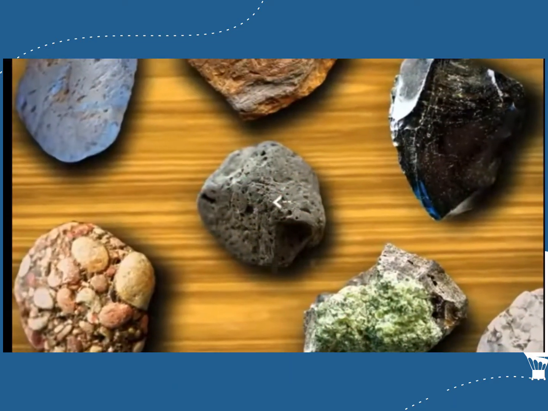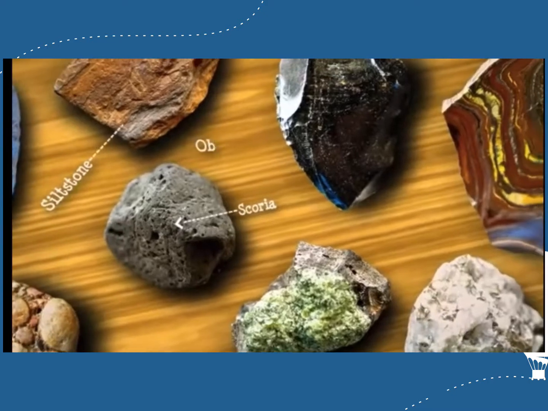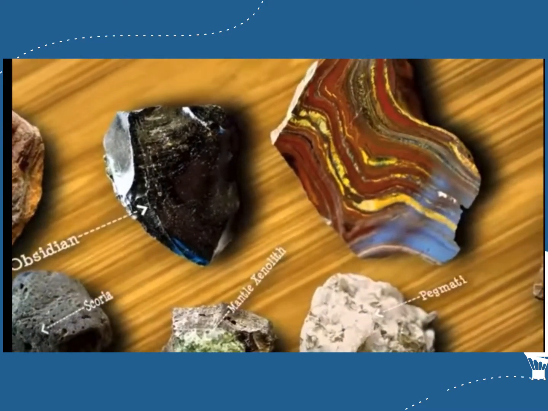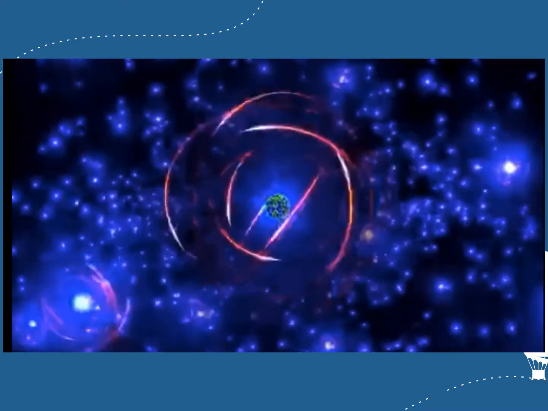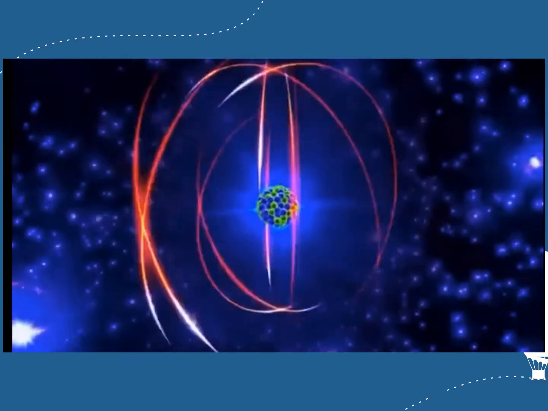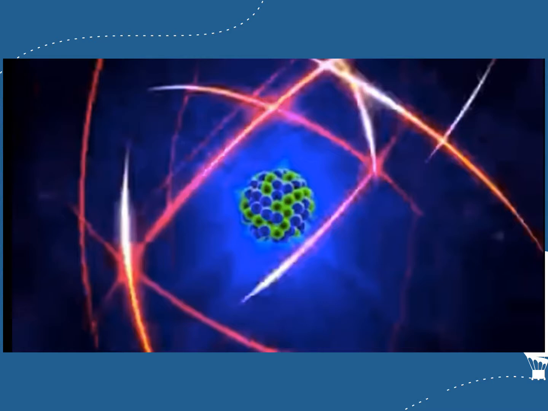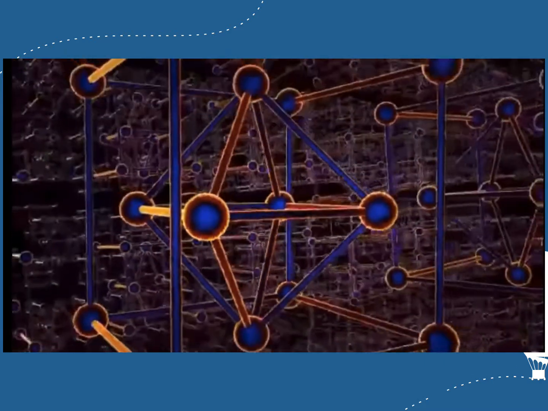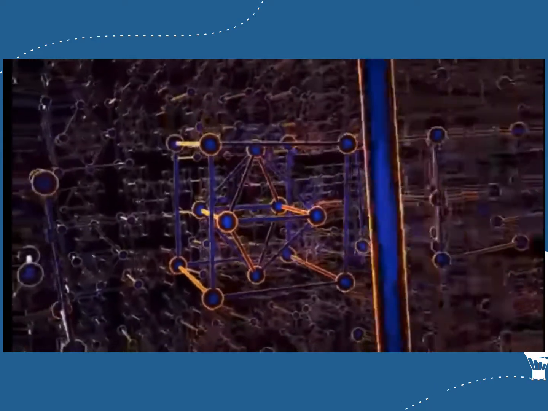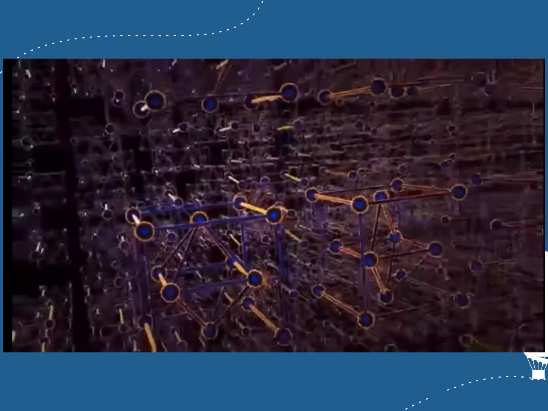Rocks, and the minerals they're made of, tell us the story of our planet. Look closely. Atoms are the building blocks of all matter. Combined, atoms form molecules. Minerals are made up of billions of molecules, which are often arranged in crystal structures.